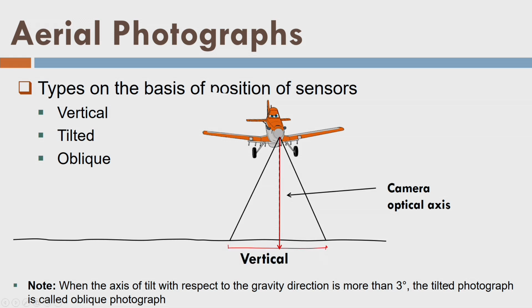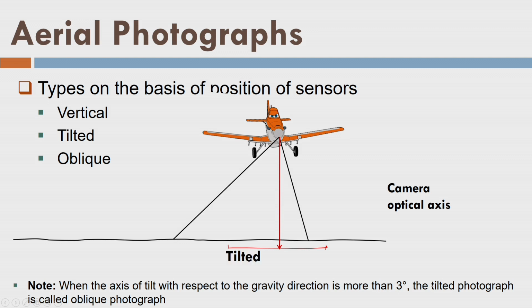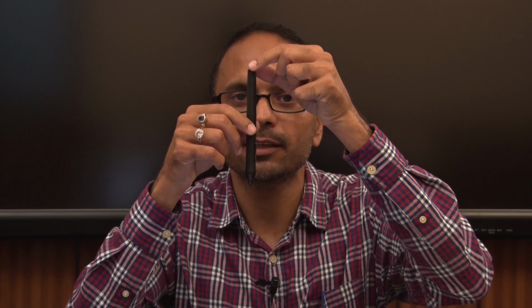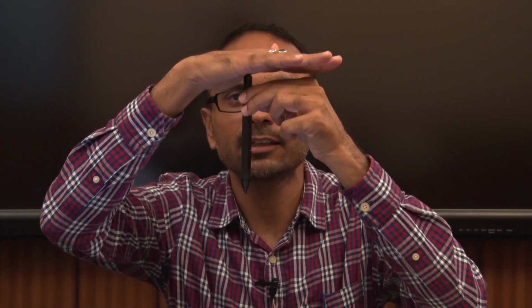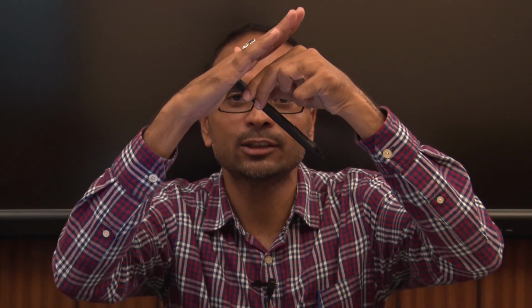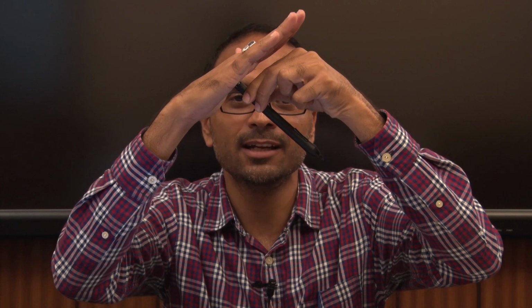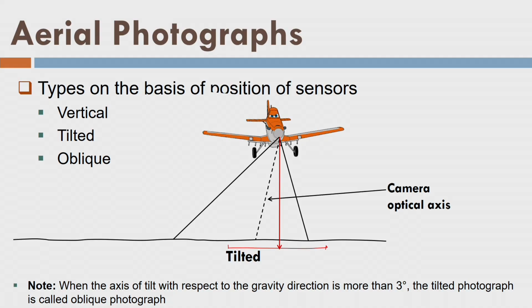Okay, what next? Then we have the tilted photograph. That means this is the gravity direction, but the axis of the camera is somehow tilted. The camera was there, this was the gravity direction, and now the optical axis of the camera is tilted like this, and as a result we have this as my camera optical axis, and this coverage is called the tilted photograph.